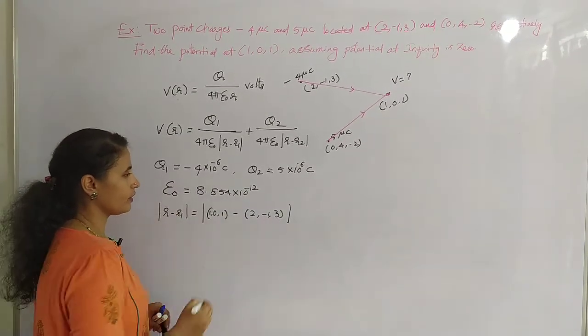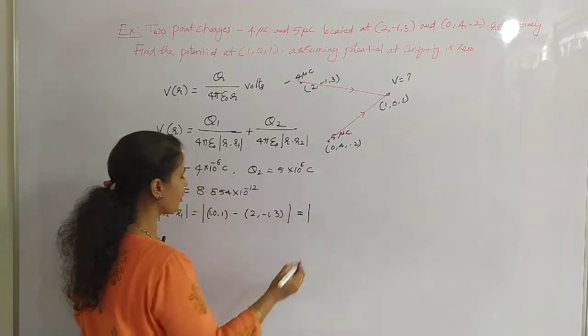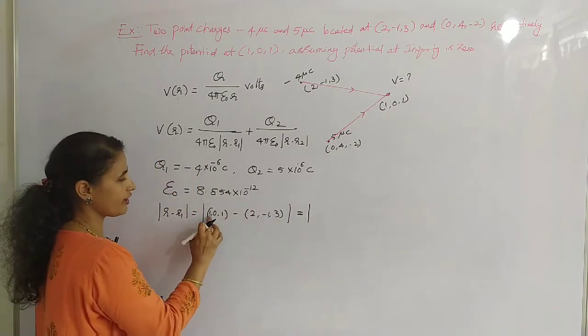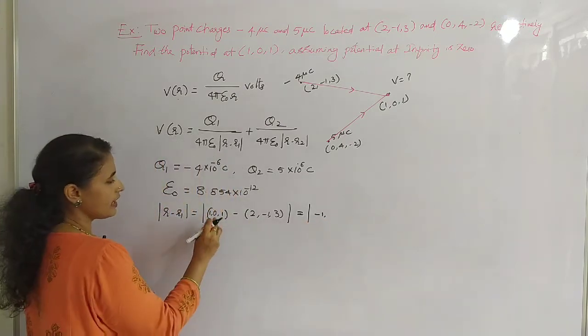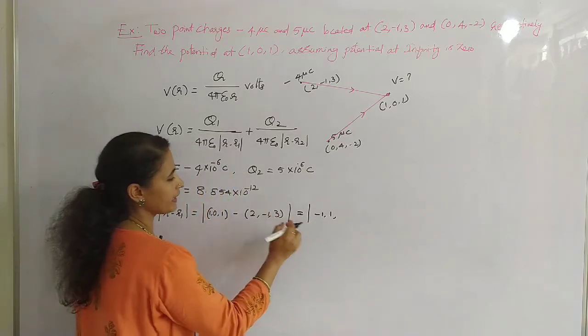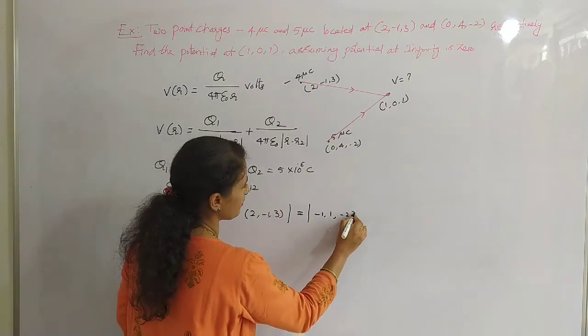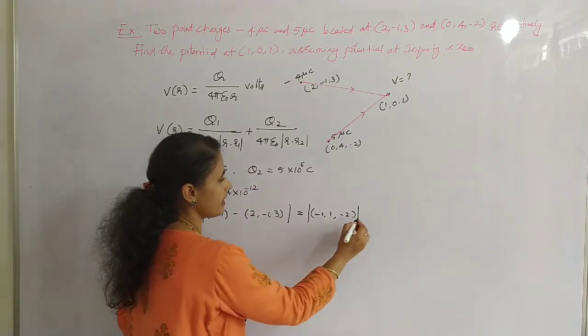This is 1 minus 2, which is -1; 0 minus -1, which is 1; and 1 minus 3, which is -2.